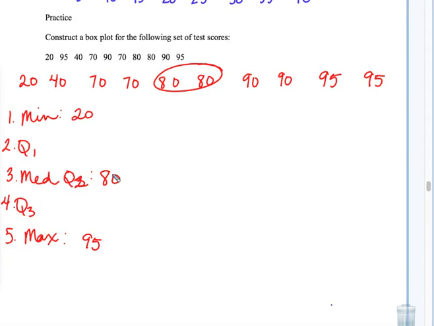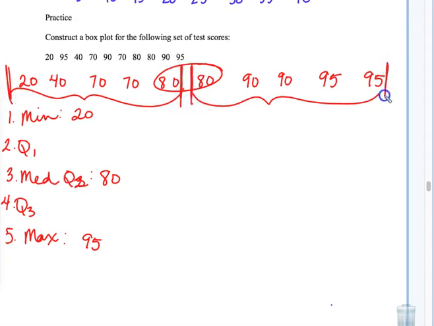And this is where there's a difference from the first example. When there's one middle number, you don't include that in the lower and upper quartile. When there's 2 middles, they are included in the lower and upper quartile. So here is my lower on the left side, my upper is on the right side. From here to here is my lower, from here to here is my upper.